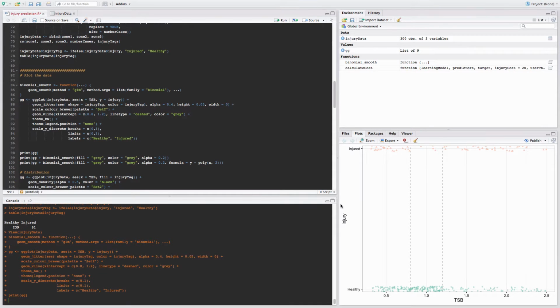What we are trying to do with the model is to get the probability of getting injured based on training stress balance. We are using these numbers to get the estimate of the likelihood. The more injured athletes we have in an area, pretty much counting, the more likely we are to get injury there.